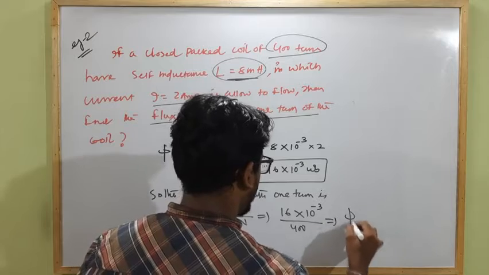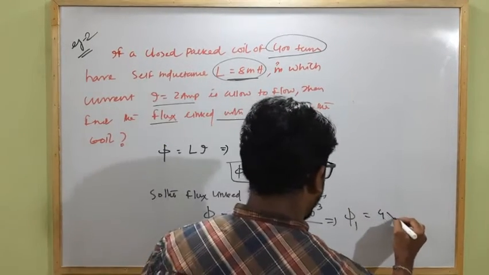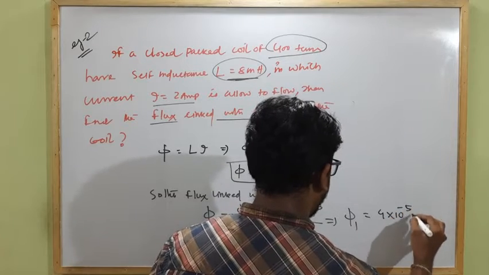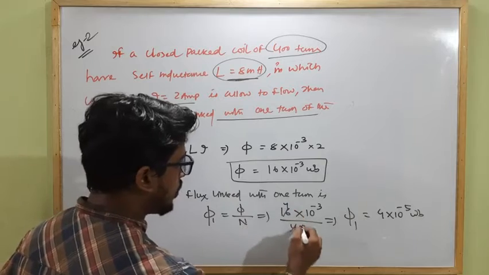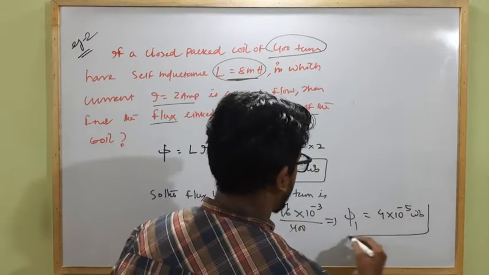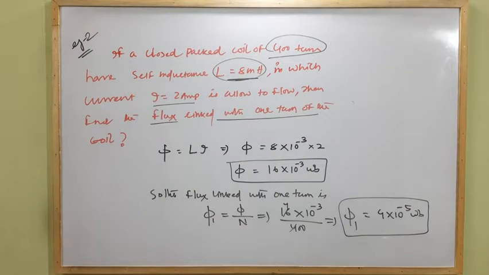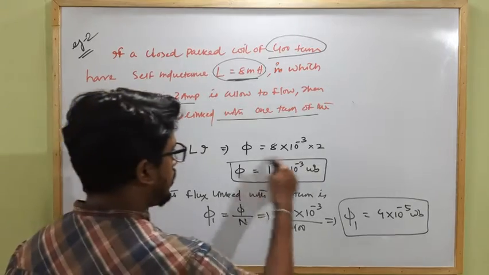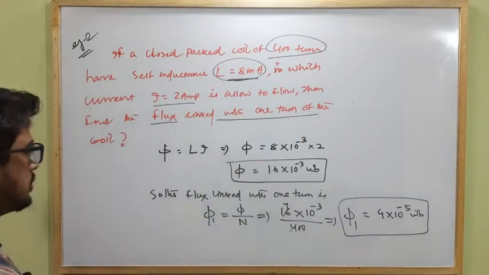So phi 1 for 1 turn will be how much? 4 into 10 to the minus 5 Weber. Clear? 4 will cancel 4, so it will be 10 to the minus 5. So the flux linked with 1 turn of the coil will be 4 into 10 to the minus 5 Weber, and 16 into 10 to the minus 3 Weber is the flux linked with the complete coil of 400 turns. Clear?